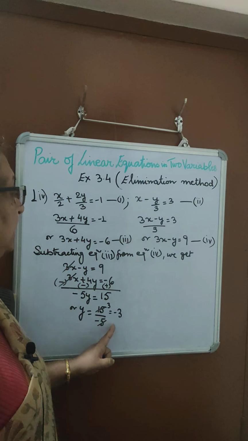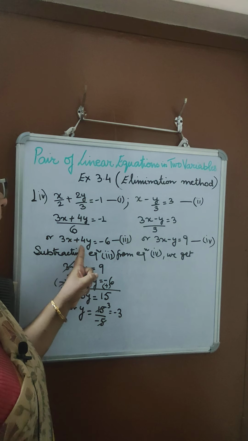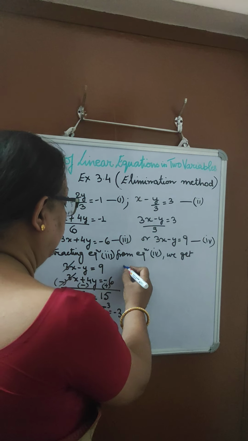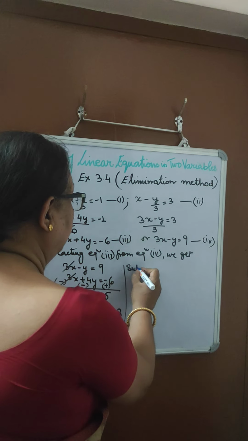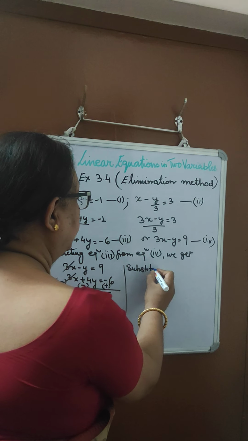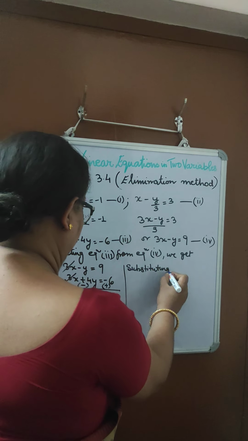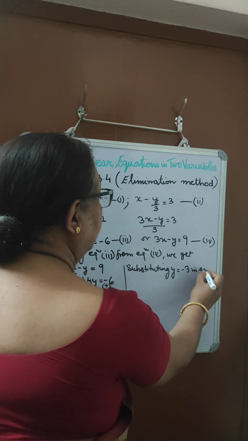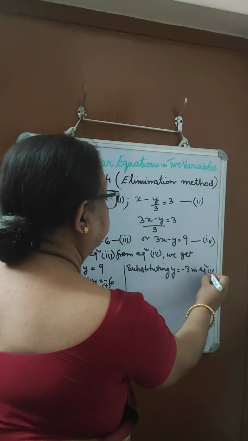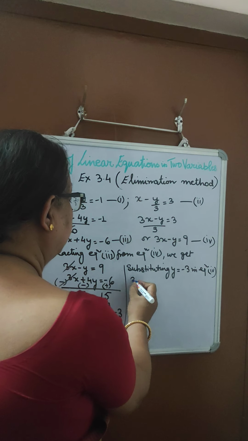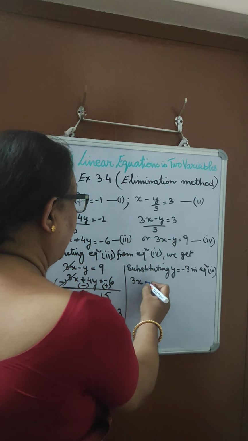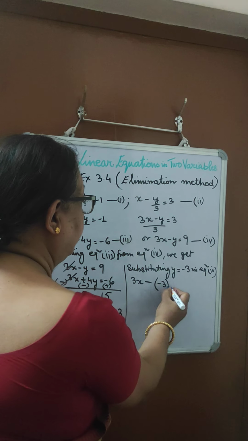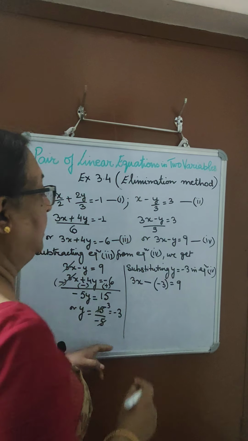Now we substitute again this value in any of the equations, either 3 or 4. So let's substitute here. Substituting y equal to minus 3 in equation 4. 3x minus y, y is minus 3, equal to 9.